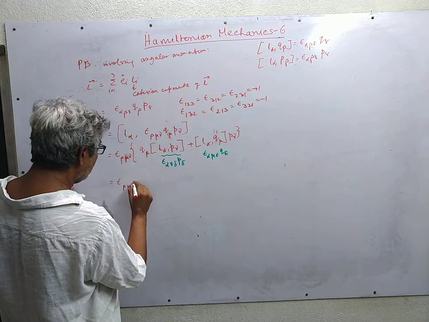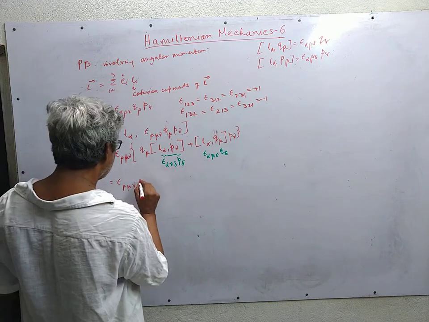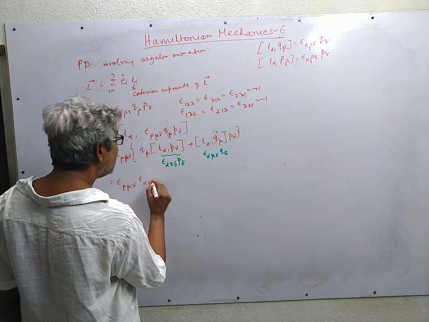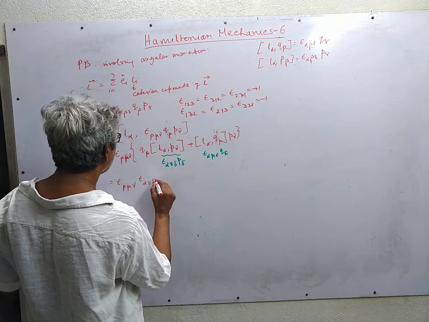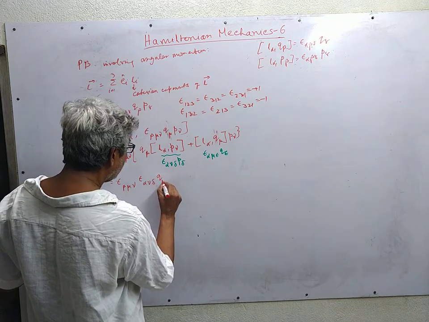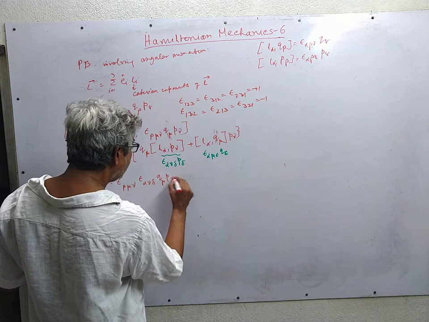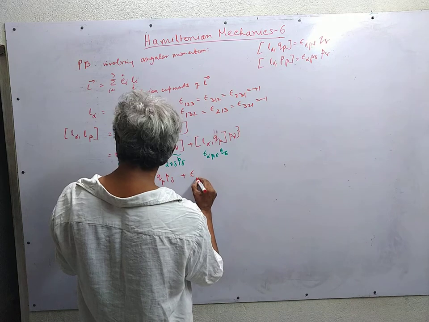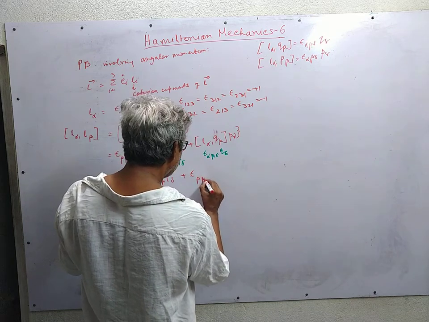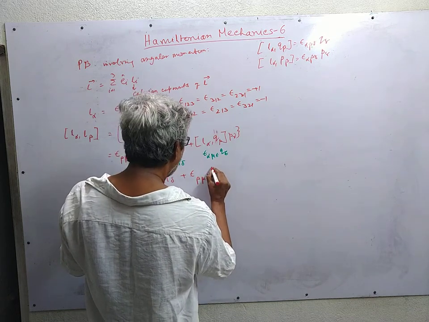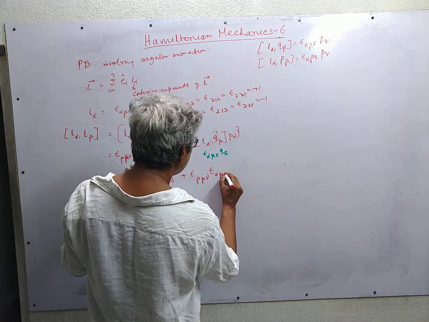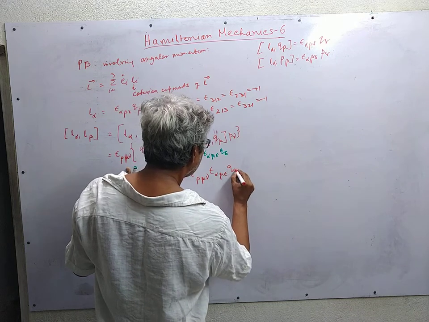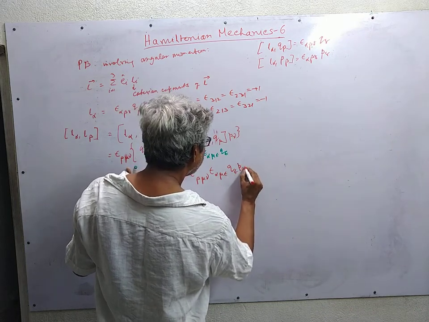Epsilon beta mu nu, then this comes epsilon alpha mu delta, q mu p delta. Then for the second term, epsilon beta mu nu epsilon alpha mu epsilon q epsilon p nu.